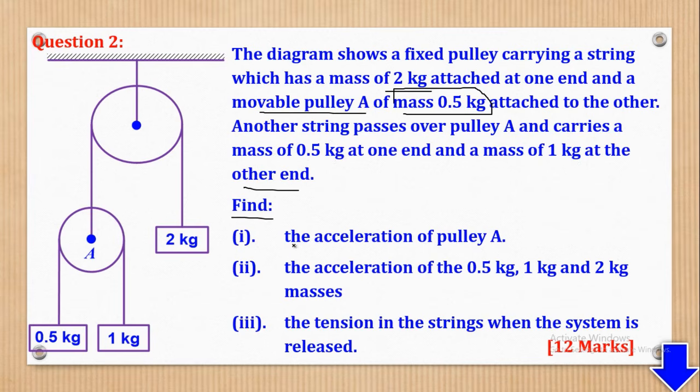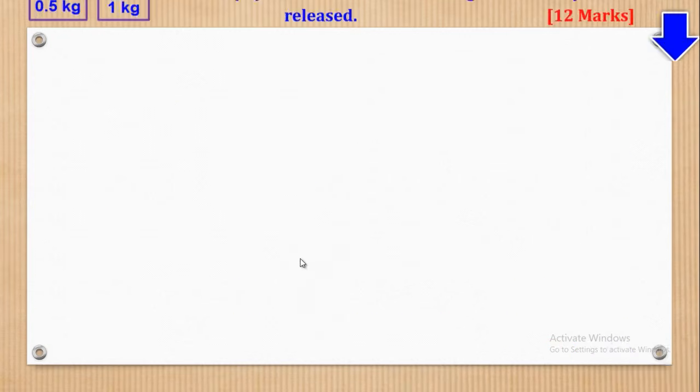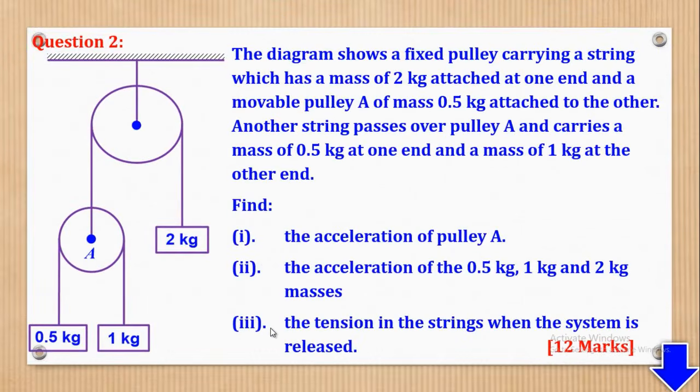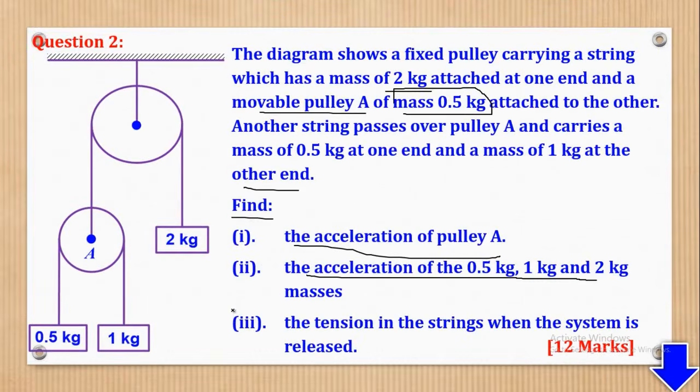Find Roman 1, the acceleration of the pulley A, Roman 2, acceleration of 0.5 kilogram mass, 1 kilogram mass, and 2 kilogram mass. Then part C, Roman 3, the tension in the strings when the system is released.